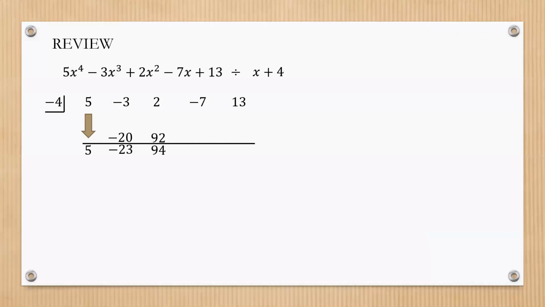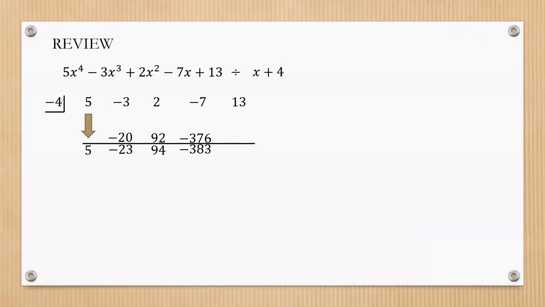Sorry about that. And then 94 multiplied by negative 4, this is negative 376. Ang reason kasi positive yung 94, negative yung 4, kaya siya naging negative. And then if we add this one, you have negative 383 with you.